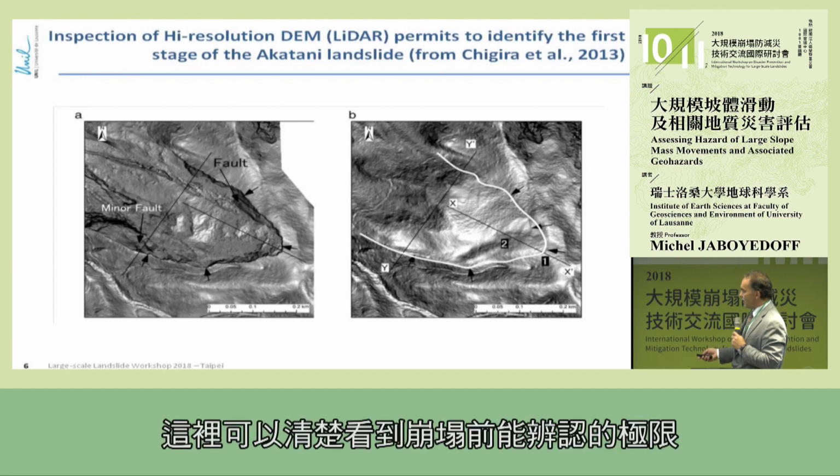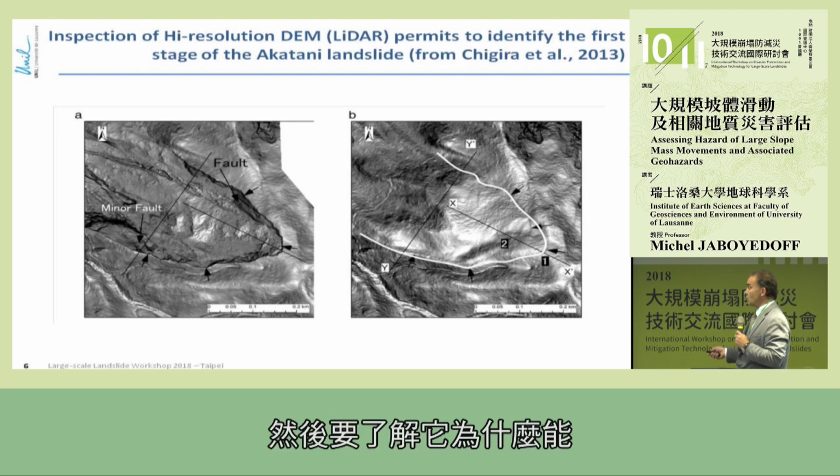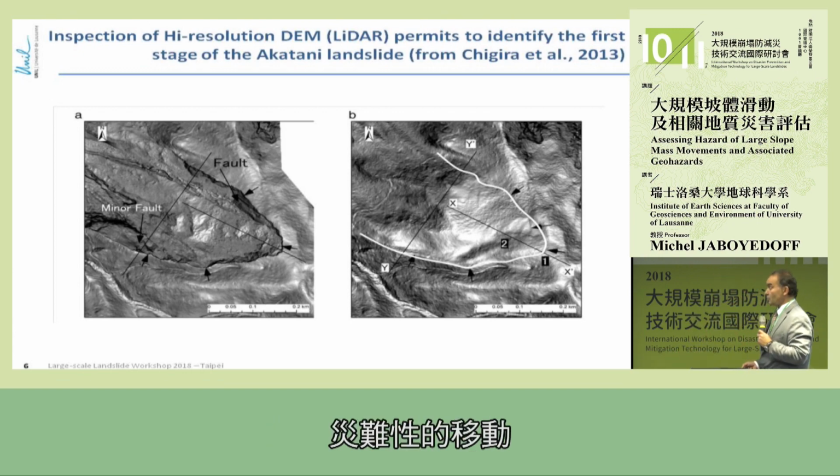You see clearly that this limit was identifiable before the landslide. Then after that, what you need to do is to understand why it can move down in a catastrophic way.